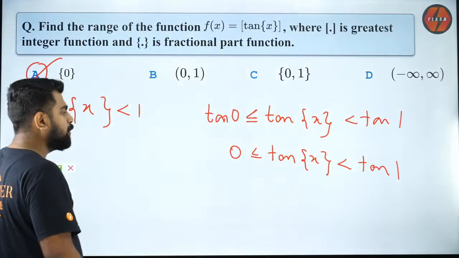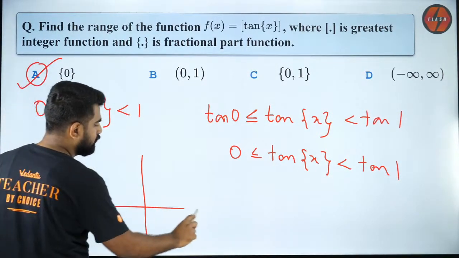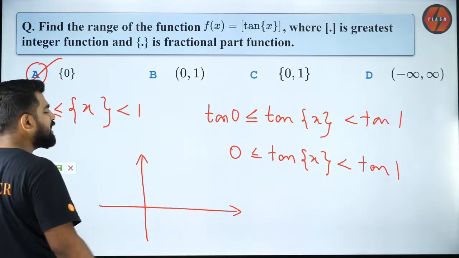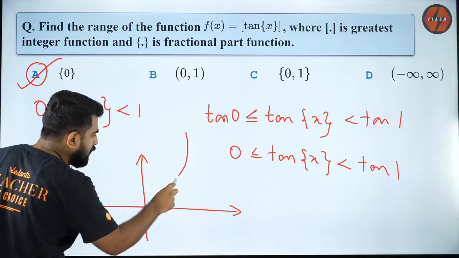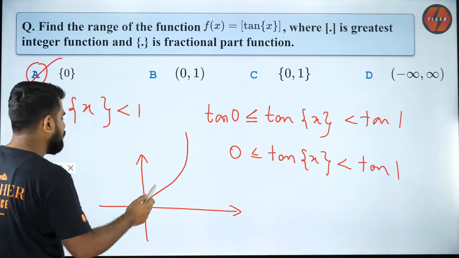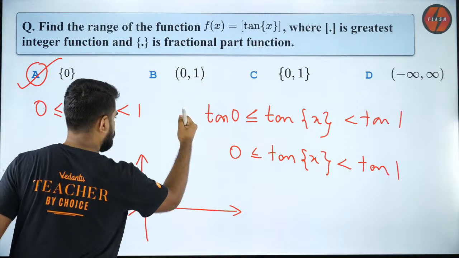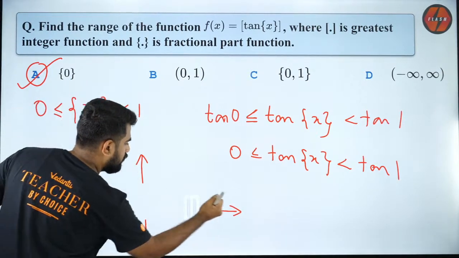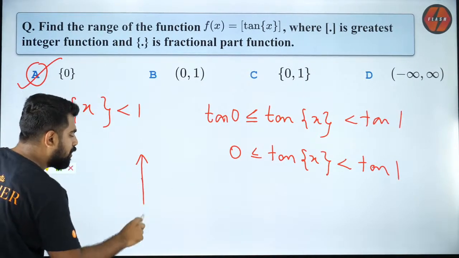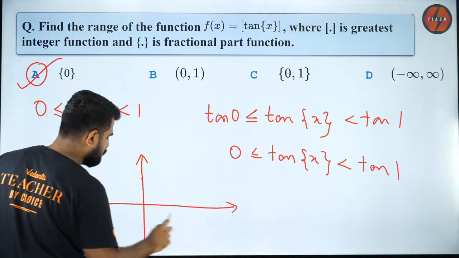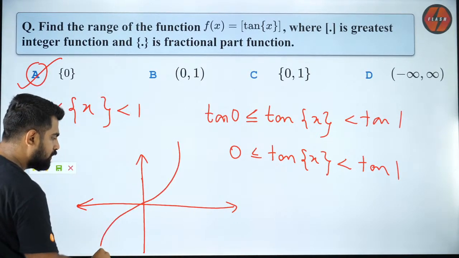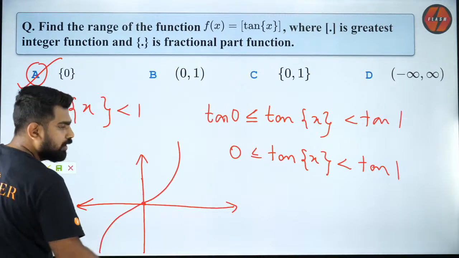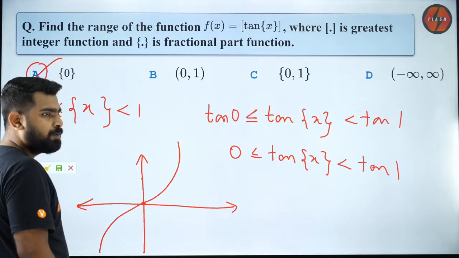Can you guys find it out in your calculator? What is the value of tan of 1? I'll teach you how to find it by graph also, just to verify it. Okay, so this is the graph of tan x.